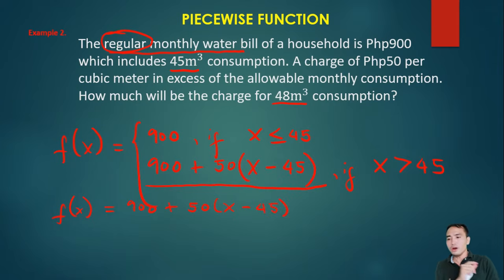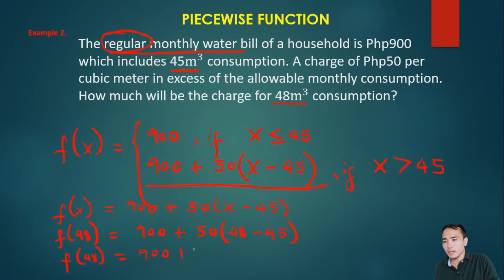The value of the function at 48: our x is 48, equals 900 plus 50 times, yung x natin is 48. Yung na-consume natin in 1 month, 48 cubic meter minus 45. So, f of 48.